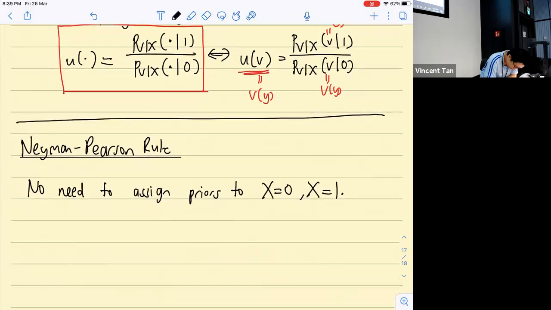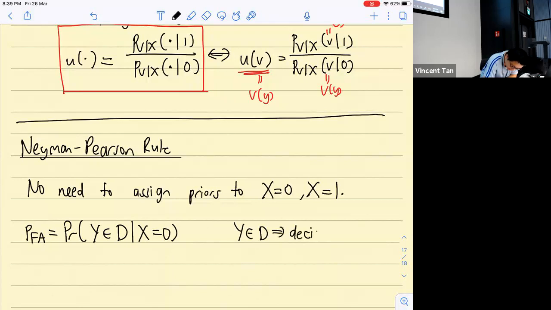We can define two error probabilities, P_FA and P_D. This is the probability that y belongs to D, conditioned on x equals 0, and y belongs to D means that the decision is made in favor of x equals 1.